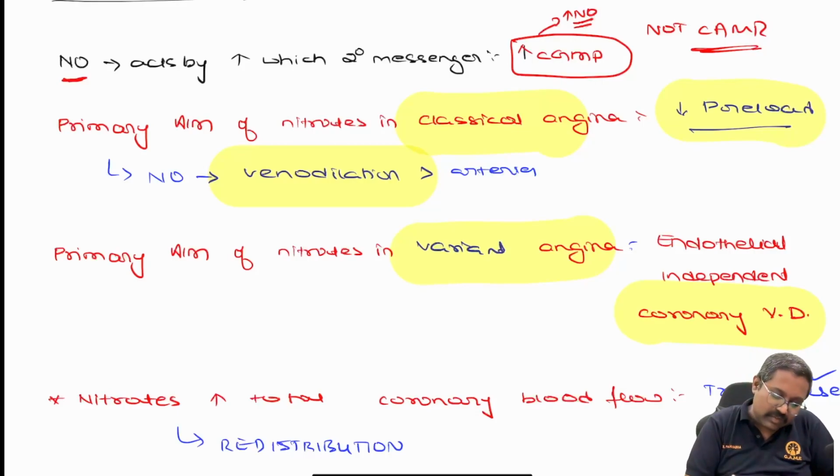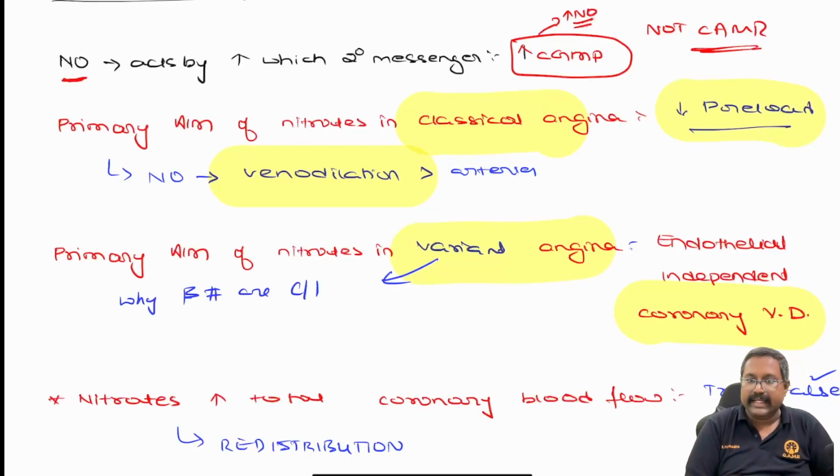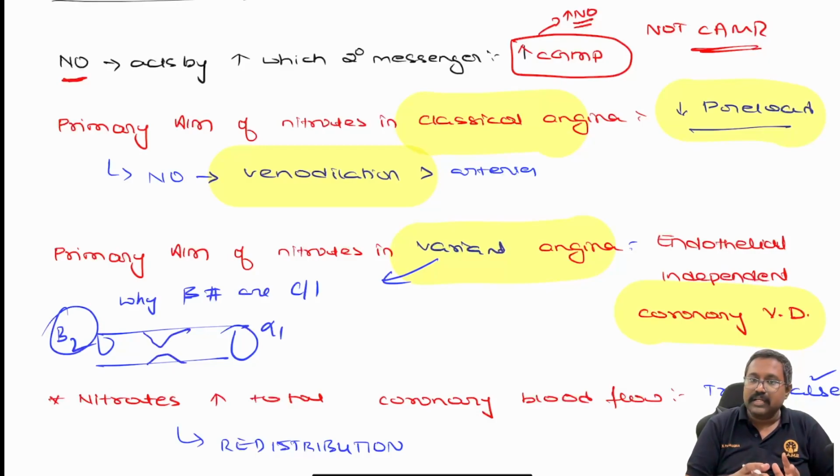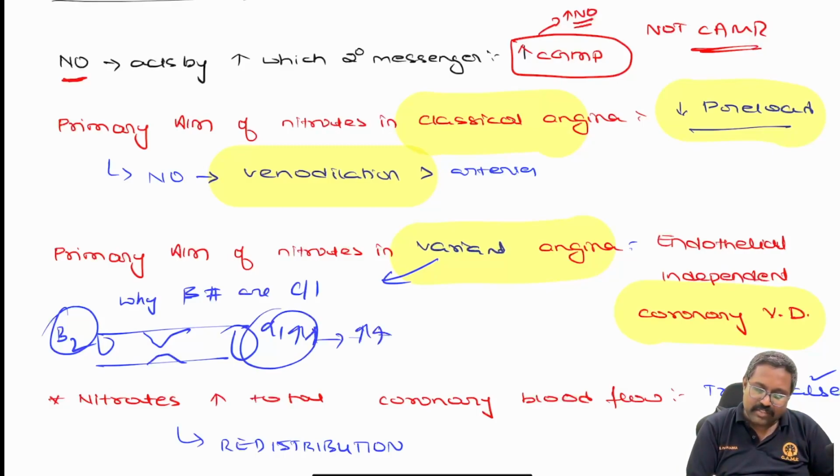At this point, let us understand one more very important thing. In variant angina, why are beta blockers contraindicated? Please remember, in the blood vessels you have beta 2 as well as alpha 1. If you block beta 2, what will happen? Already there is vasoconstriction due to the accumulation of thrombus, etc. If you give a beta blocker, there will be increased activity of alpha, leading to increased vasoconstriction, which is bad here.